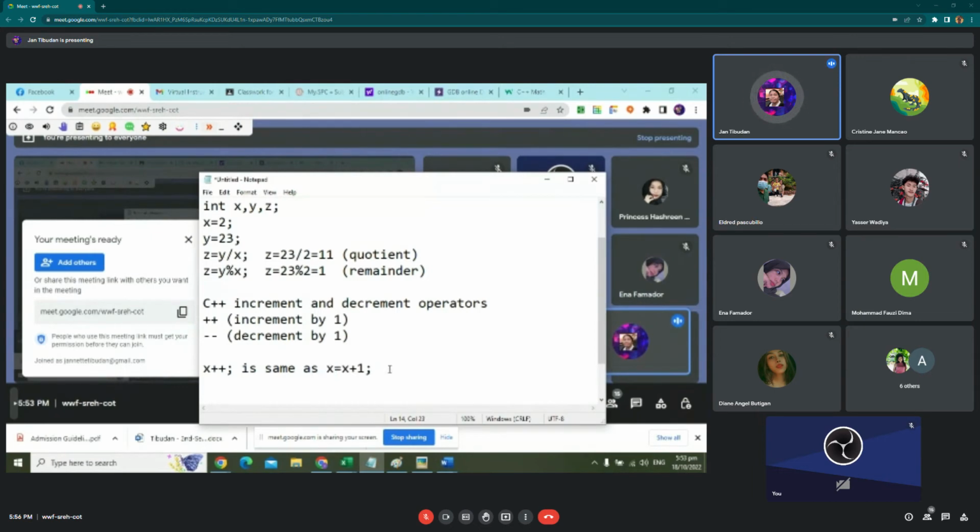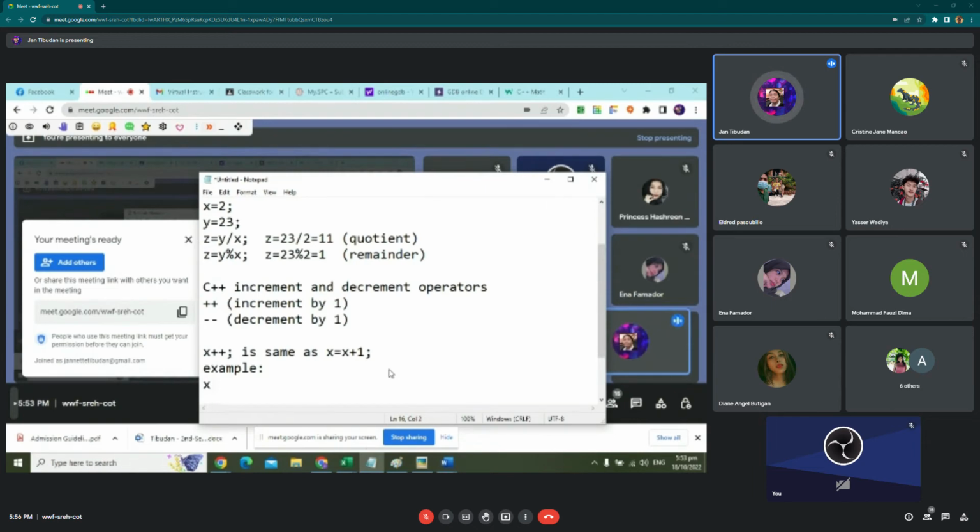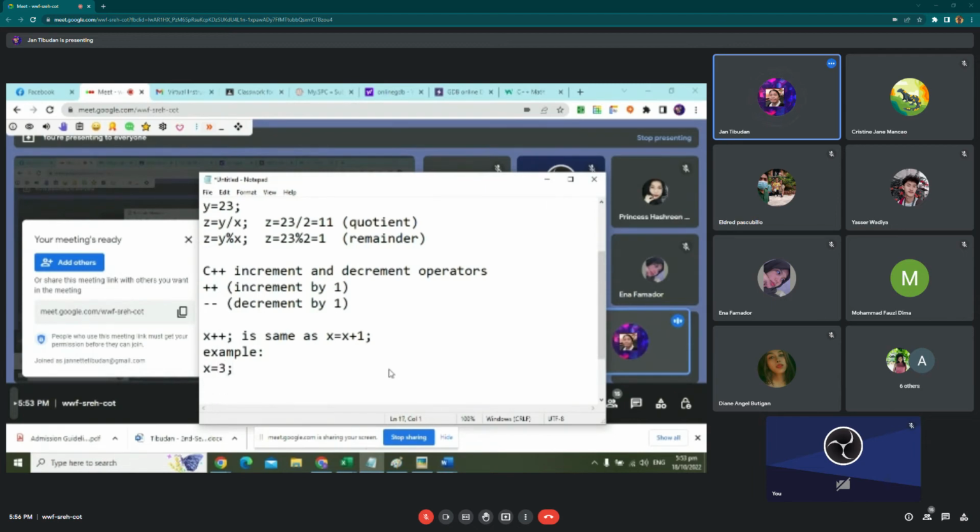So for example, if your x is equal to 3, and then when you say x plus plus, it will return 4, where x is equal to 3 plus 1, that is equal to 4. So that is the result, class.